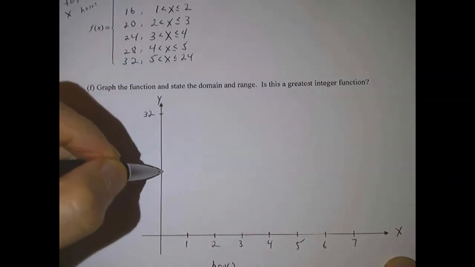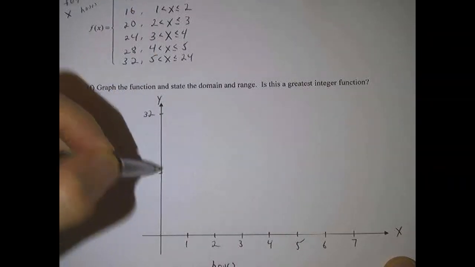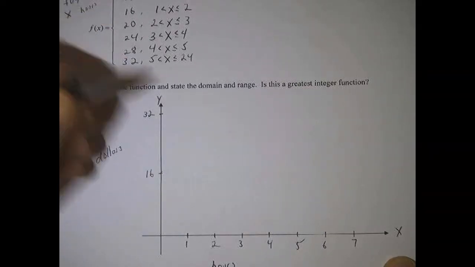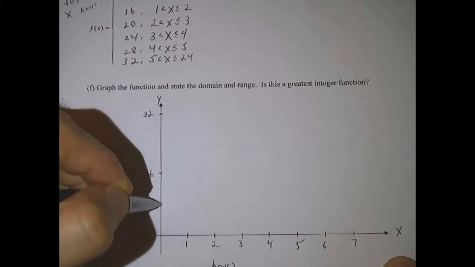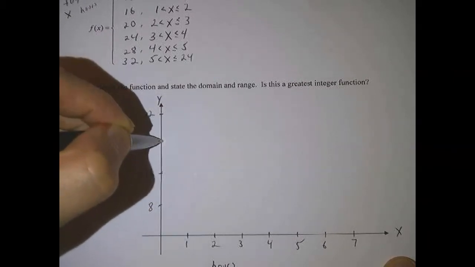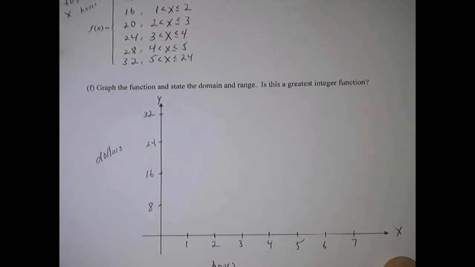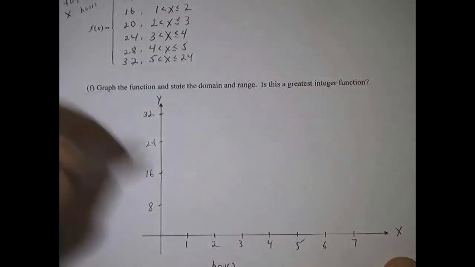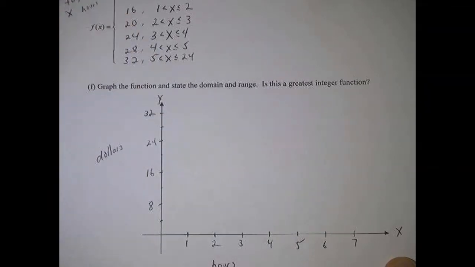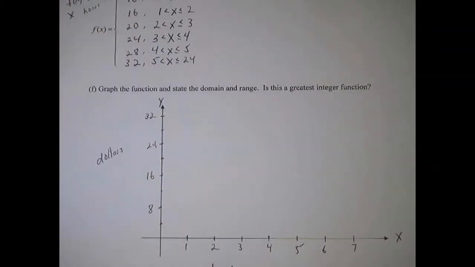I can estimate what half of that is and just make that 16. This is just one way to make an axis when you have real numbers. And then half of this would be 8. And then halfway here would be 24. And is that good enough? I may as well just put lines at the other ones, and I don't have to write the numbers in. But at least I'll be able to graph maybe a little bit more accurately.